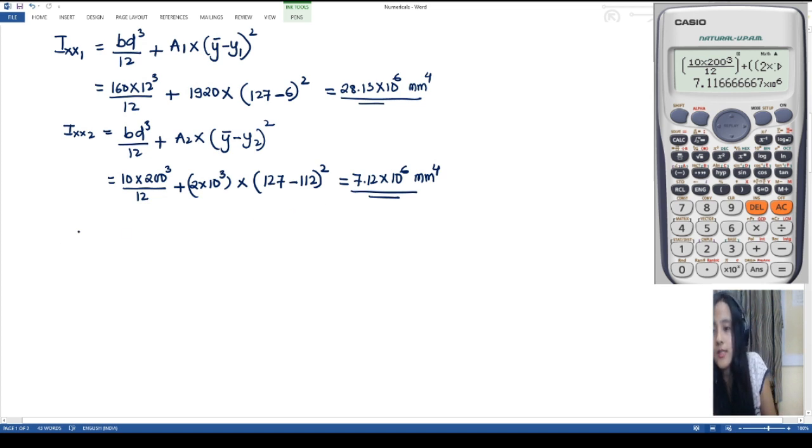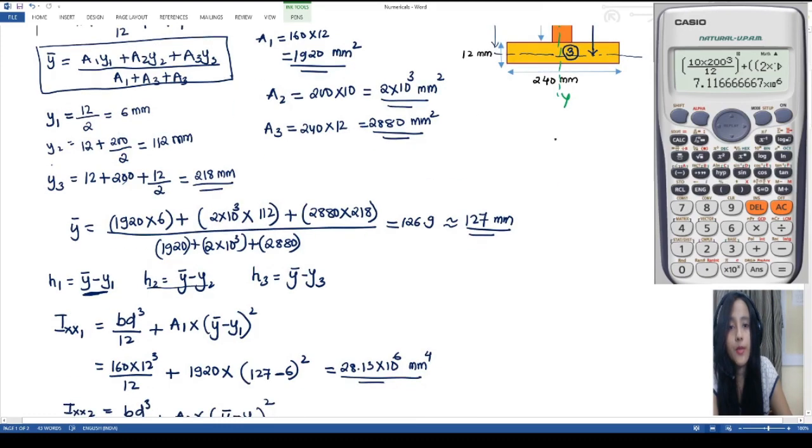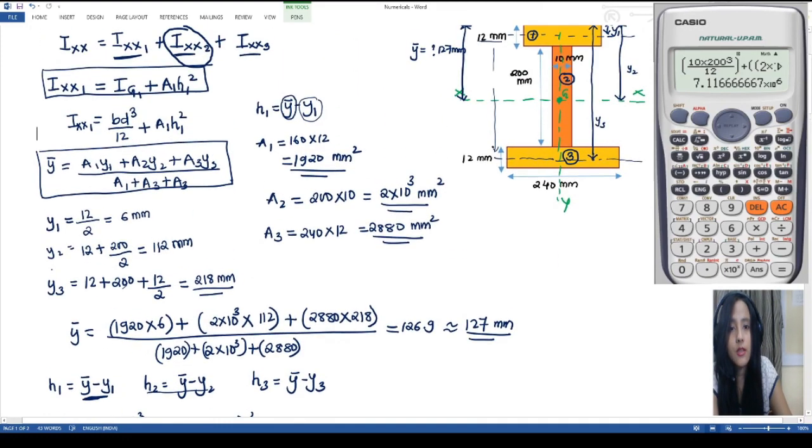Similarly, for the third section, which is the bottom flange, it will be Ixx3, and I have BD cube by 12 plus area 3 into Y bar minus Y3 the whole square. How much is my B and D for the bottom flange? The third B is equal to 240 and D is 12.